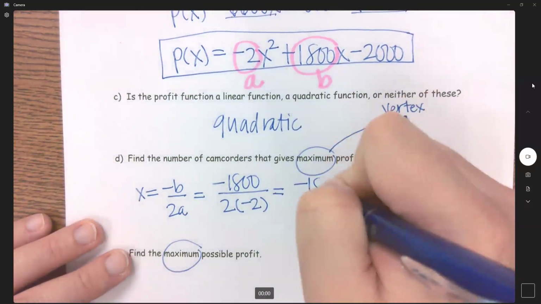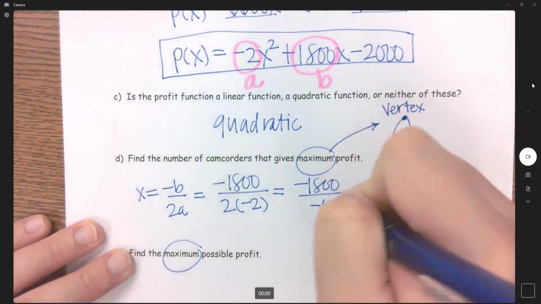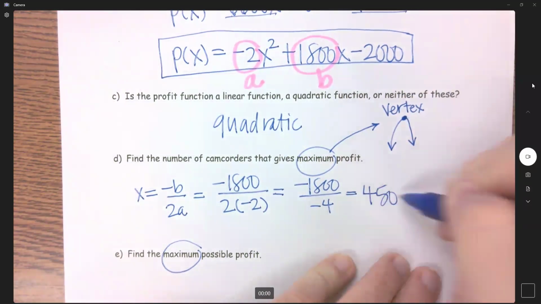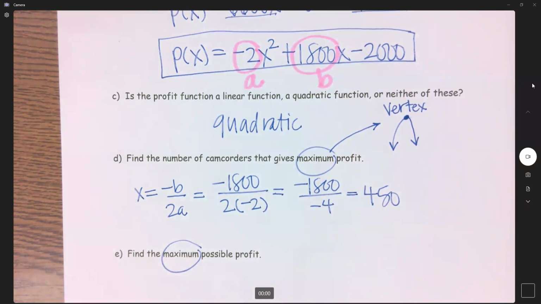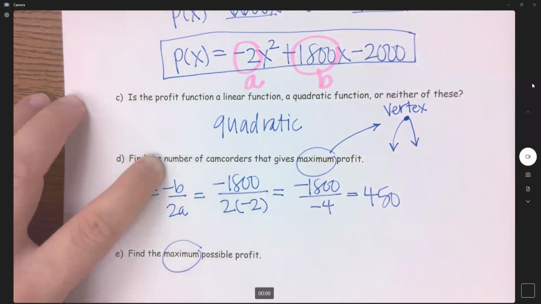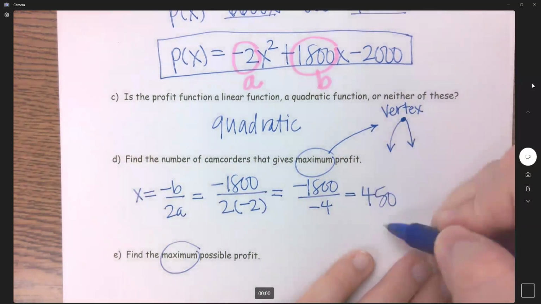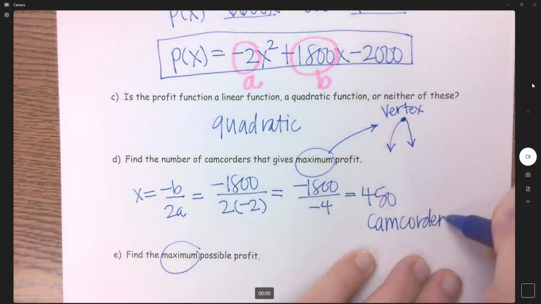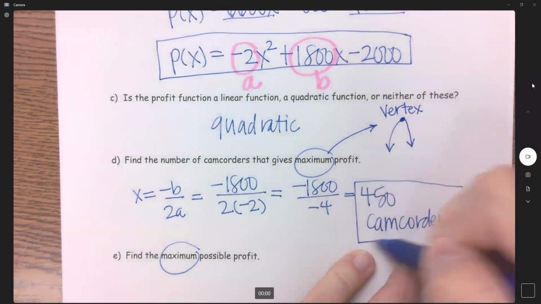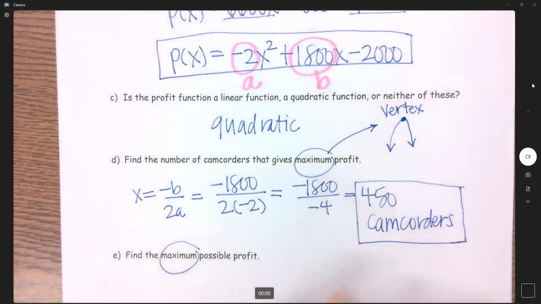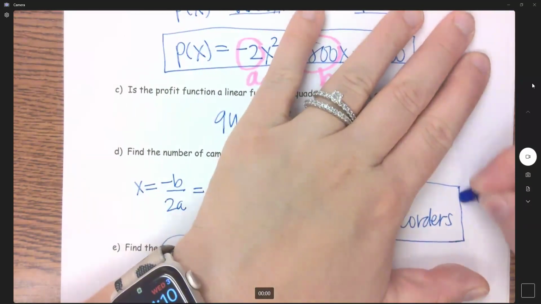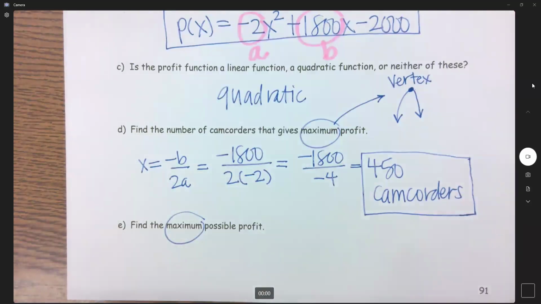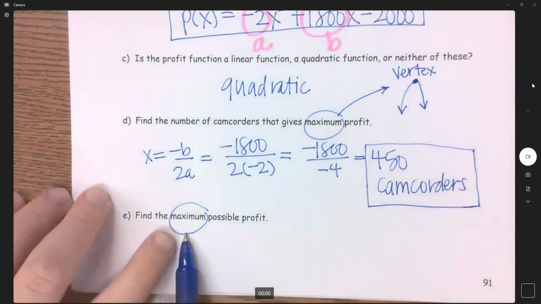So we've got negative 1800 over negative 4. And so we have 450. Now, the number of camcorders, so we need 450 camcorders. Word problems need word answers, or at the very least, word units.